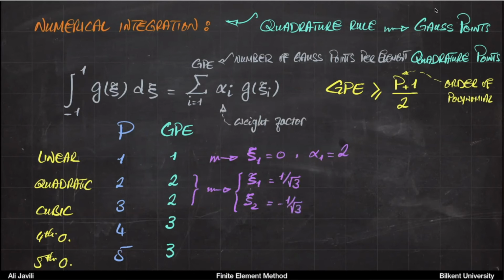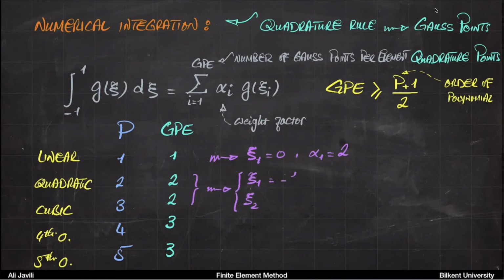These are your 2 points. Just in the sense of the order, let's start from left to right. So minus 1 over square root of 3 is the first one, and then plus 1 over square root of 3 would be the second one, and the alphas are equal. Alpha 1 is 1, and alpha 2 is also 1.